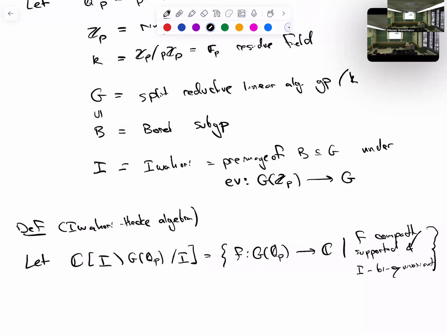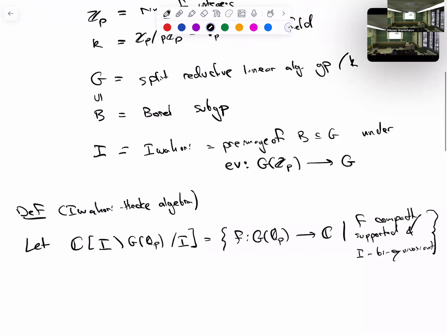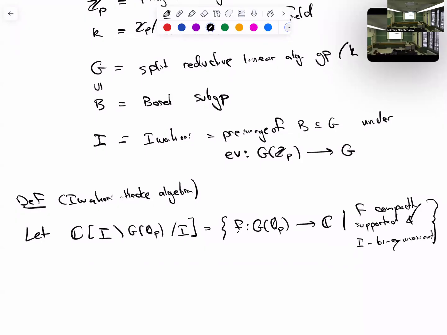Now, this comes with a convolution product. So a priori, it's not commutative. So we equip it with the convolution product.